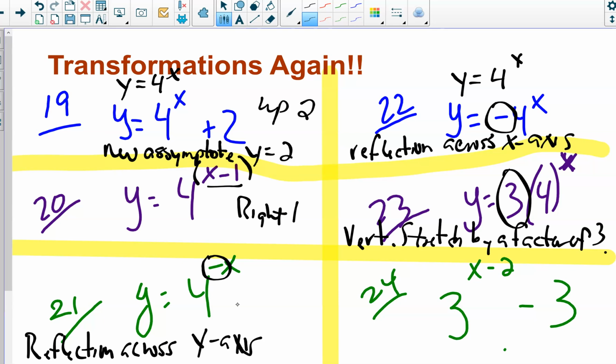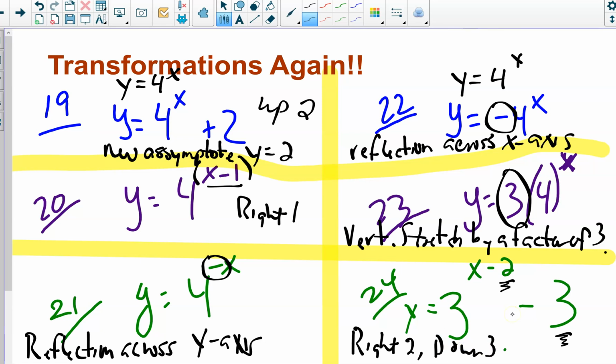And then the last one here, we have 2 things going on. We have this going on and this going on. There should be a y equals in front of here. So you are going right 2 and down 3.